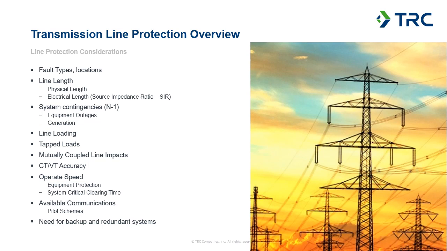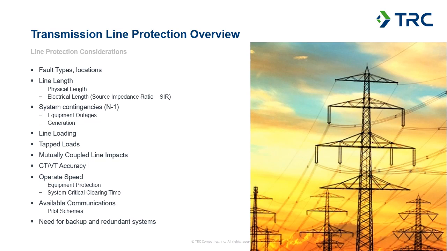And you've got to understand what type of equipment you have. So CTs and VTs, breaker clearing times, things like that all come into play. And generally, you're trying to achieve a certain operate speed. There might be a reason for equipment protection or system stability, critical clearing time requirement that you need your protection to operate at a certain level and a certain speed to meet your system objectives.